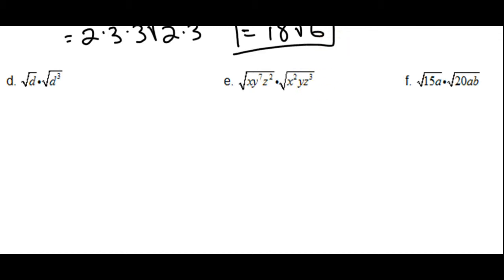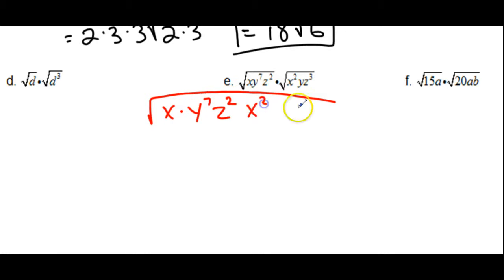Just like the property that we saw, we can put this all under one big radical. So we have x times y to the 7, z to the second, x squared y z to the third. If you want, we can combine some of these, so this times that, and this times that, this times that.